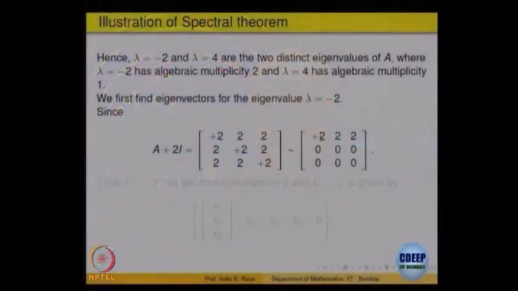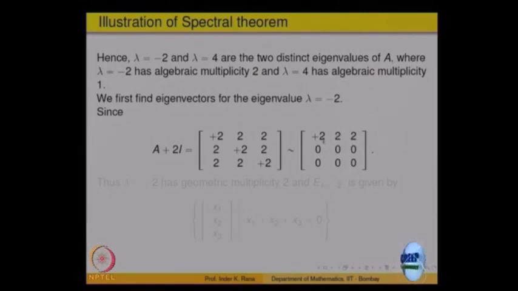So, how do you find that? We know the process. What are the non pivotal variables? x1 is pivotal, x2 is non pivotal, x3 is non pivotal. Non pivotal variables are given arbitrary values and pivotal ones are computed in terms of them. Because the dimension here is 2, the methodology is you first give x2 equal to 1, x3 equal to 0 and find x1 in terms of that.